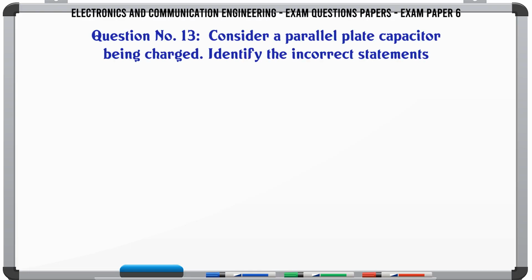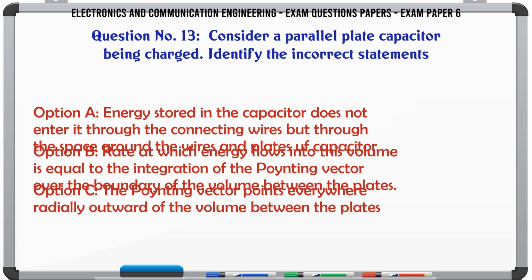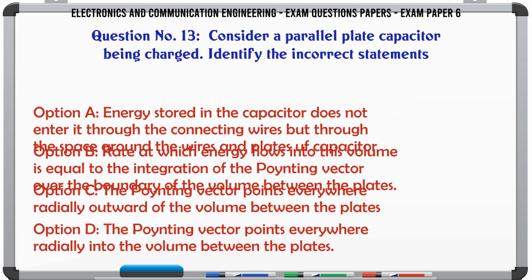Consider a parallel plate capacitor being charged. Identify the incorrect statements. A. Energy stored in the capacitor does not enter it through the connecting wires but through the space around the wires and plates of the capacitor. B. The rate at which energy flows into this volume is equal to the integration of the Poynting vector over the boundary of the volume between the plates.